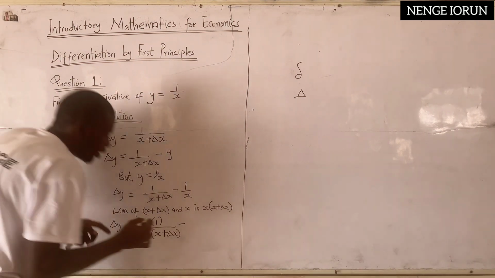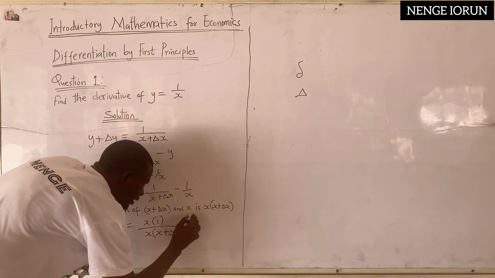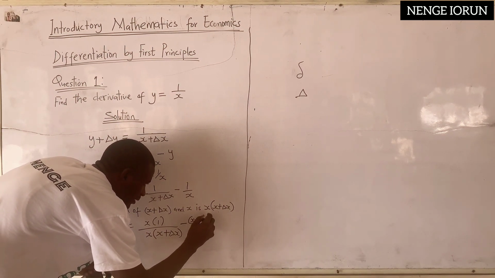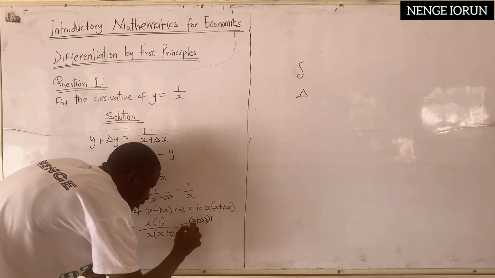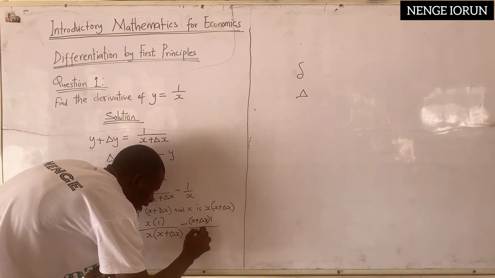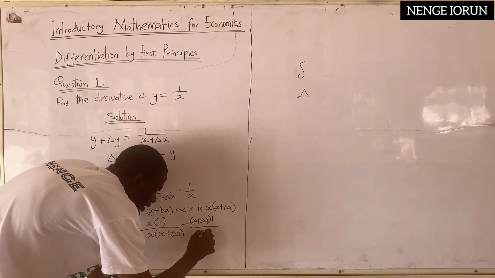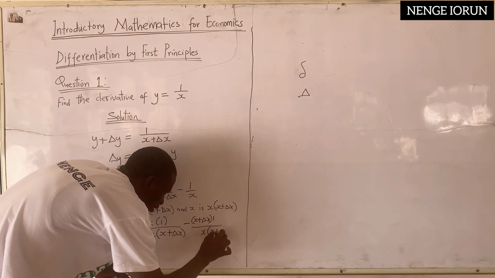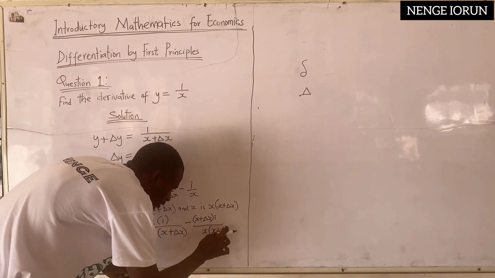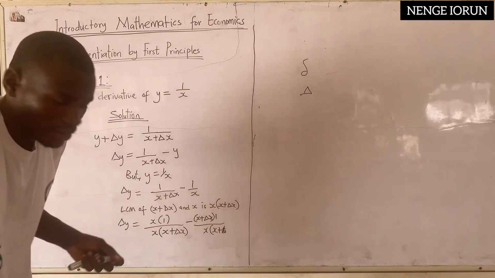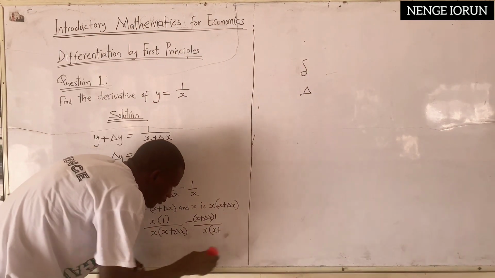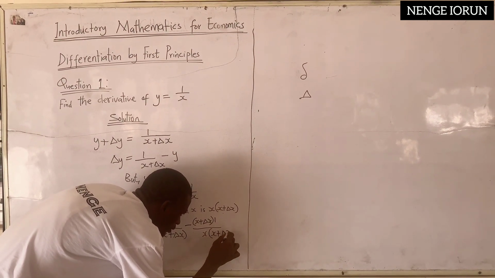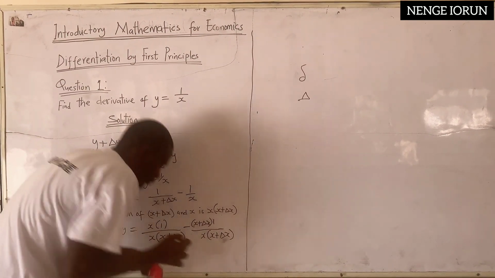And here, what is lacking is x plus delta x, 1 over x into x plus delta x.